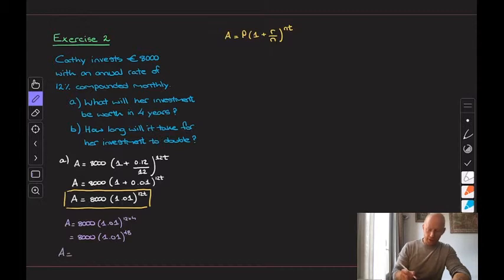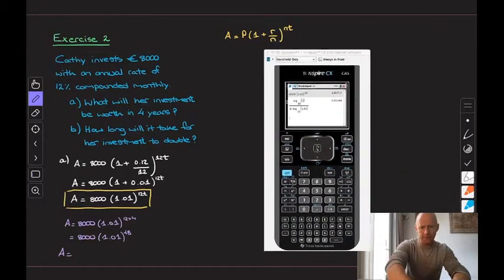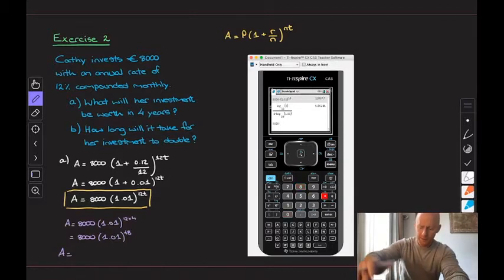Finally, with a calculator, I'll just grab my calculator here, make it appear again, and I'll move it to the far right-hand side. With a calculator, we get 8,000 times 1.01 raised to the power of 48.